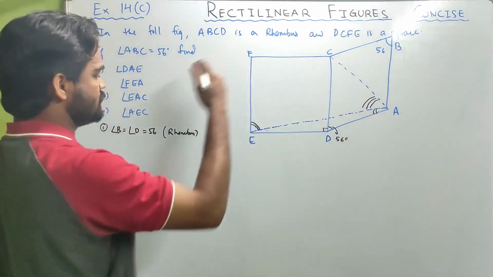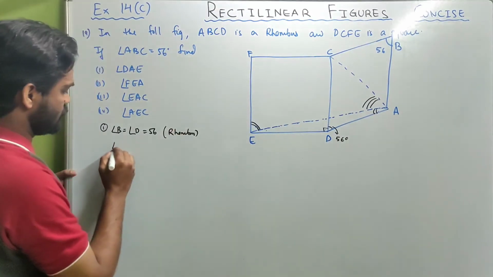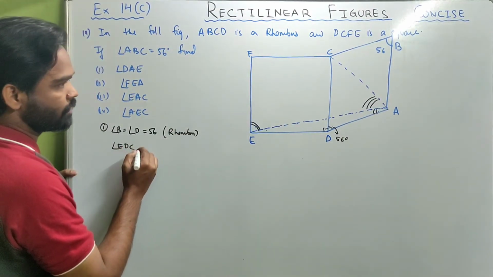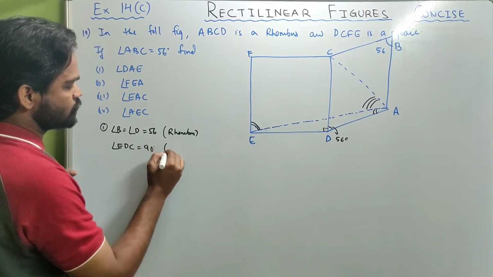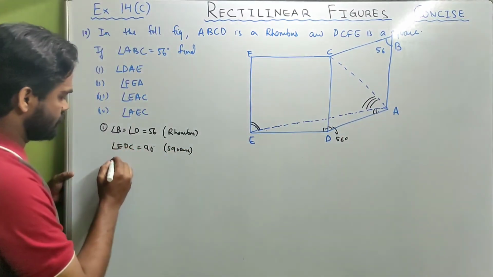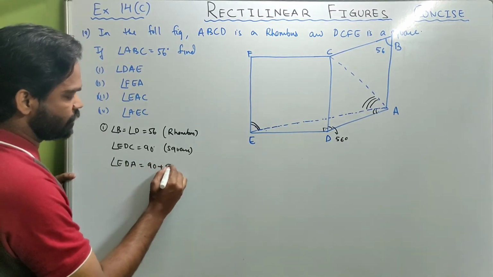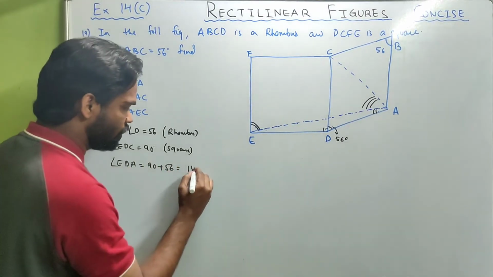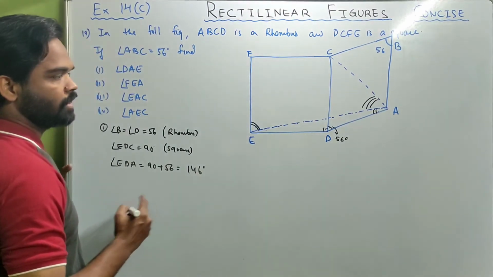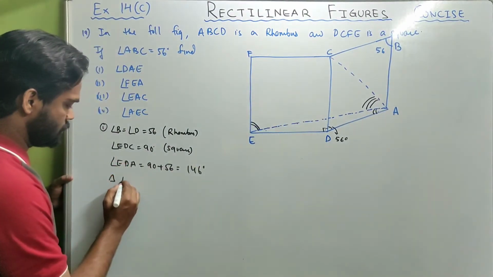Because EDC is a square, angle EDC is equal to 90 degrees. So what is EDA? Angle EDA is nothing but 90 plus 56. That's 146 degrees.